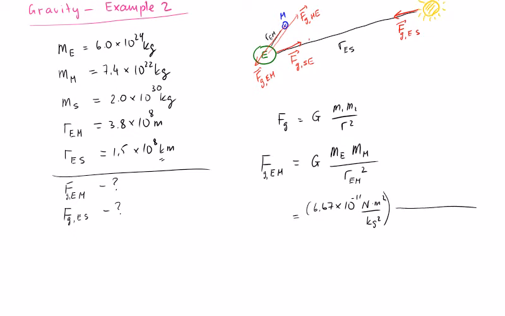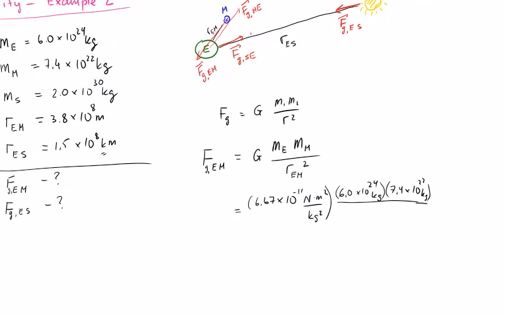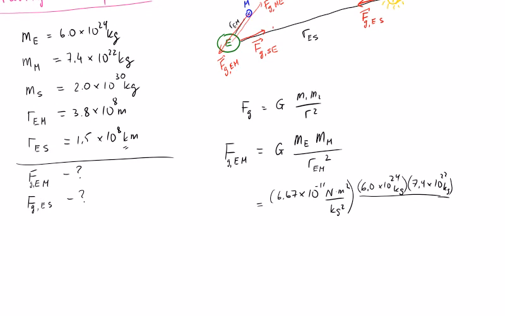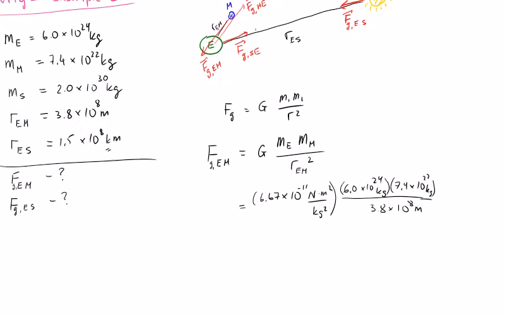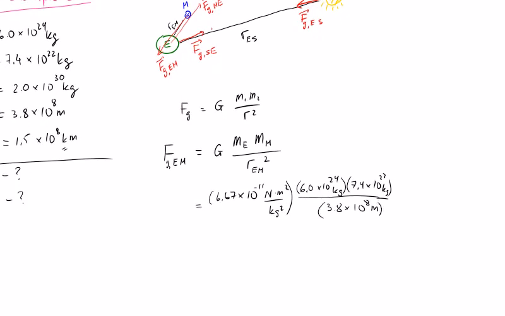Then we have the mass of the Earth, 6 times 10 to the 24 kilograms, times the mass of the moon, which is 7.4 times 10 to the 22 kilograms, divided by the distance between Earth and the moon, 3.8 times 10 to the 8 meters, squared.